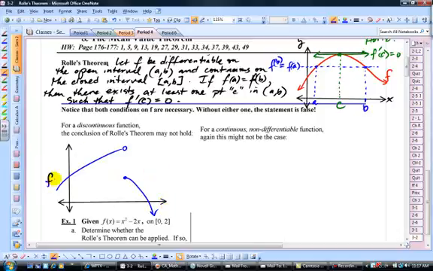Okay, so there's F. F is in blue right there. And let's suppose we're talking about from A to B here. So there's A. It looks like it's continuous everywhere, but let's suppose B is right here. So you guys see the jump at B? It's discontinuous.